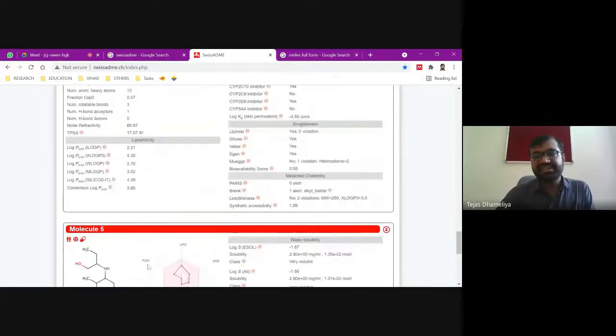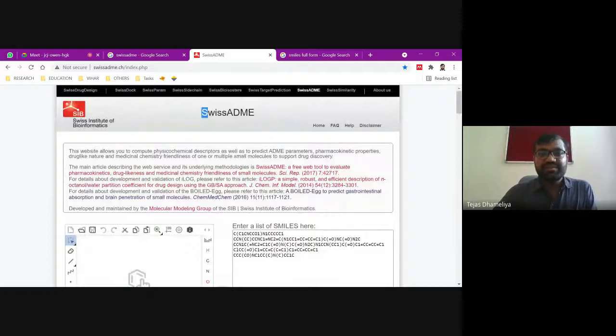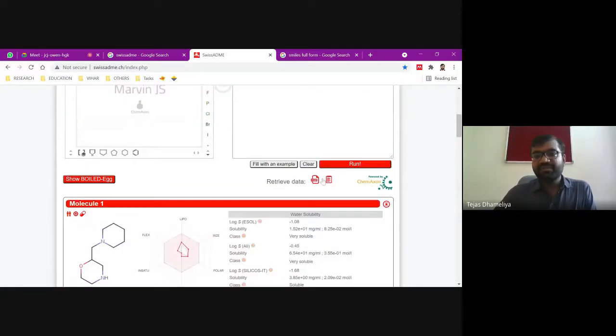Now we can have this data. An important feature of the Swiss ADME tool is that once you click on the CSV file option available here, the advantage is that you can export all the properties of the 5 molecules using this Swiss ADME.